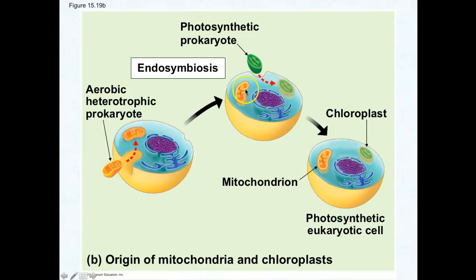So we have two parasites that ended up being beneficial for the host cell. So it was a cooperative sort of living situation, right? So the host cell's happy, the mitochondria is happy, the chloroplast is happy because they're protected and they have this outer cell that supplies things like nutrients.